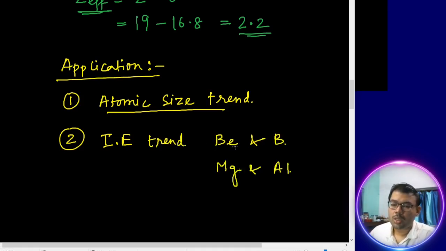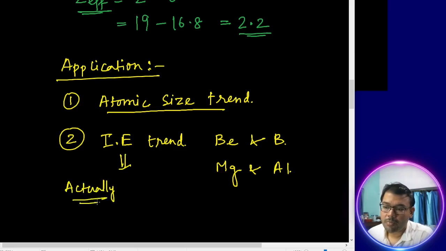Our understanding is that the ionization energy will increase if we move from left to right. So our expectation is that the first ionization energy of boron will be higher than beryllium. But in the actual scenario, the ionization energy trend is beryllium greater than boron and magnesium greater than aluminium.